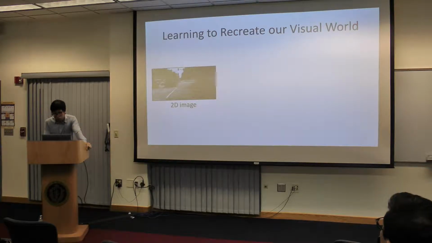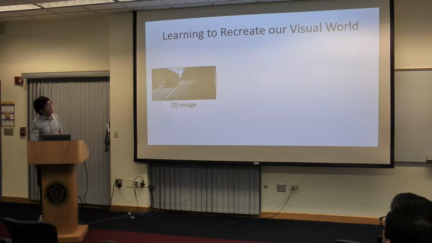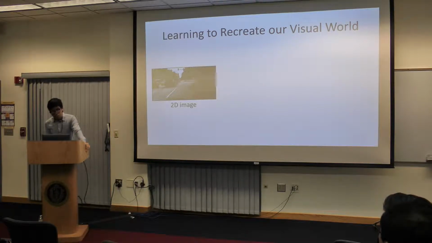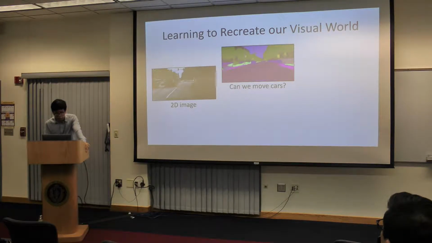The step here is, instead of learning to generate 2D images, we try to learn to recreate this entire visual world. And there are a few things we need to do. First, we go from a 2D image, but actually in practice, we want the cars to move, so we try to generate a video rather than a 2D image.